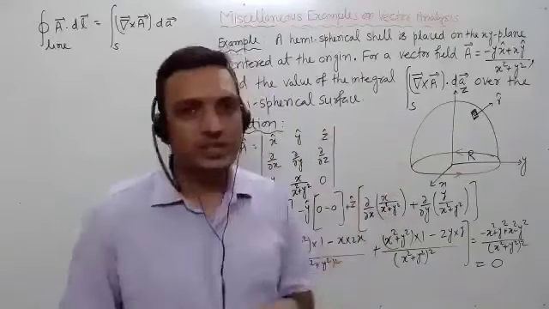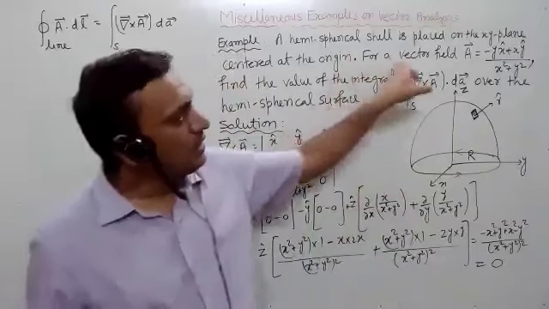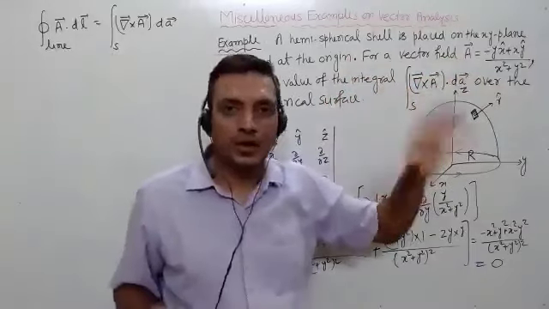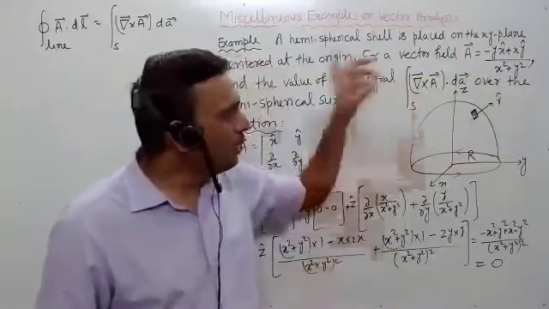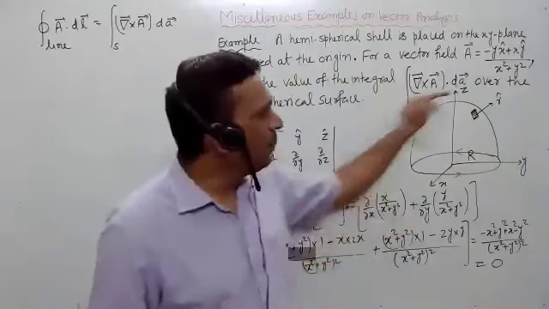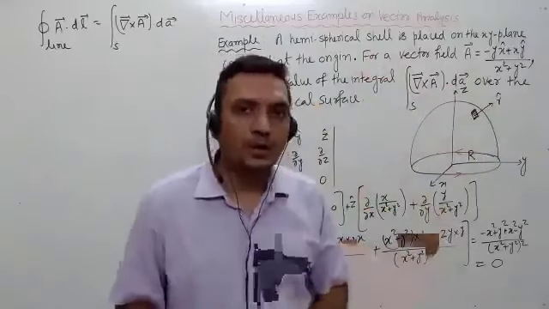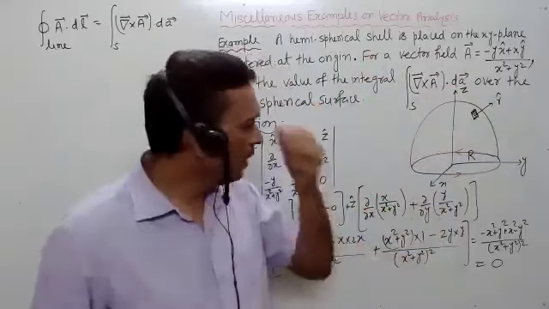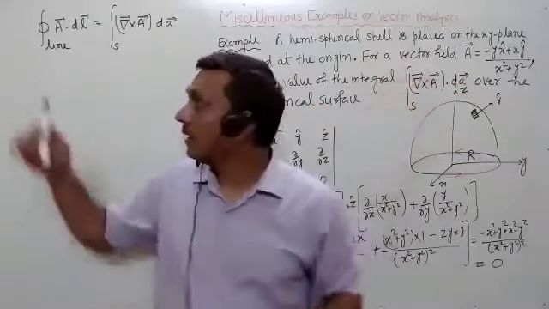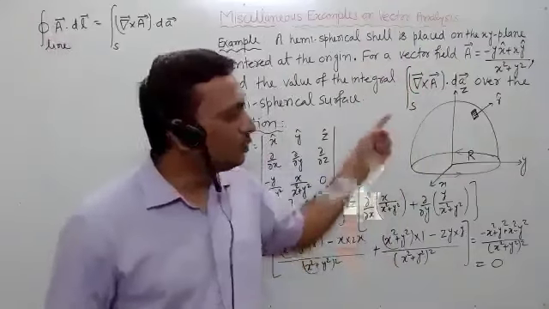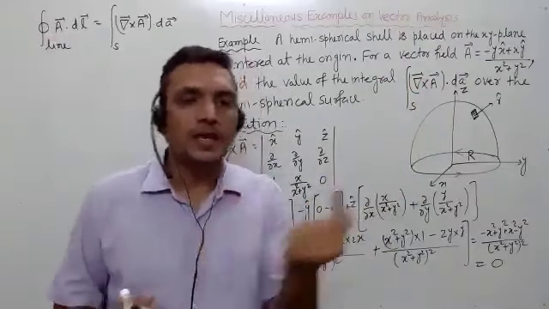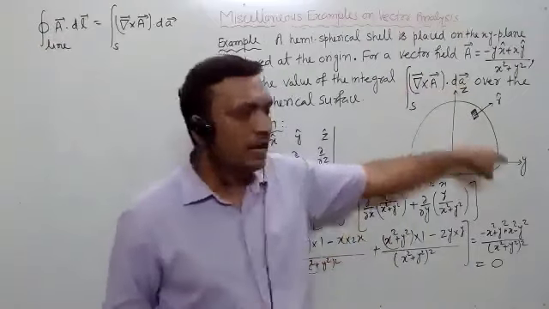It's not a simple question. Just see, the vector is given in Cartesian coordinates, and you have to find del cross A dot dA over the hemispherical surface. But if you calculate curl of A, it is 0. So it's a special case. Now you have to find right hand side, closed A dot dl, over the circle because the circle surrounds the shell.